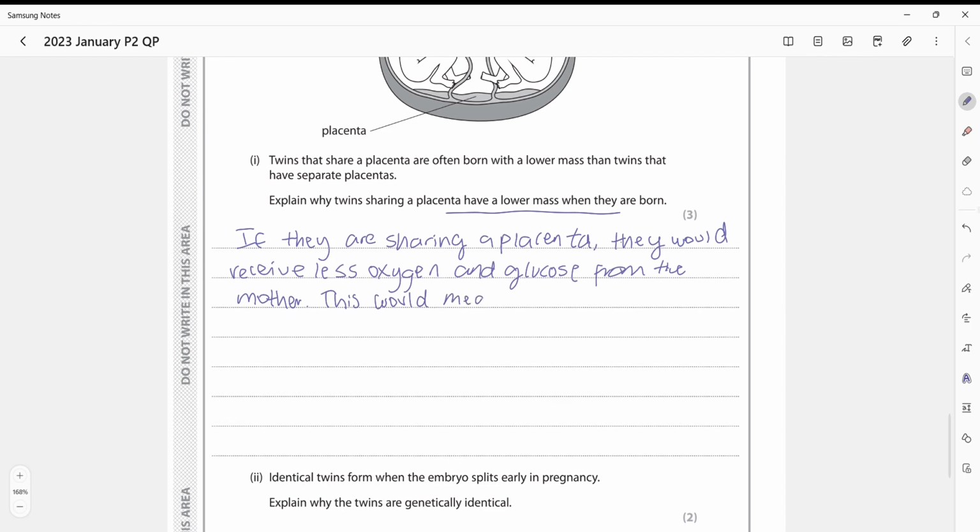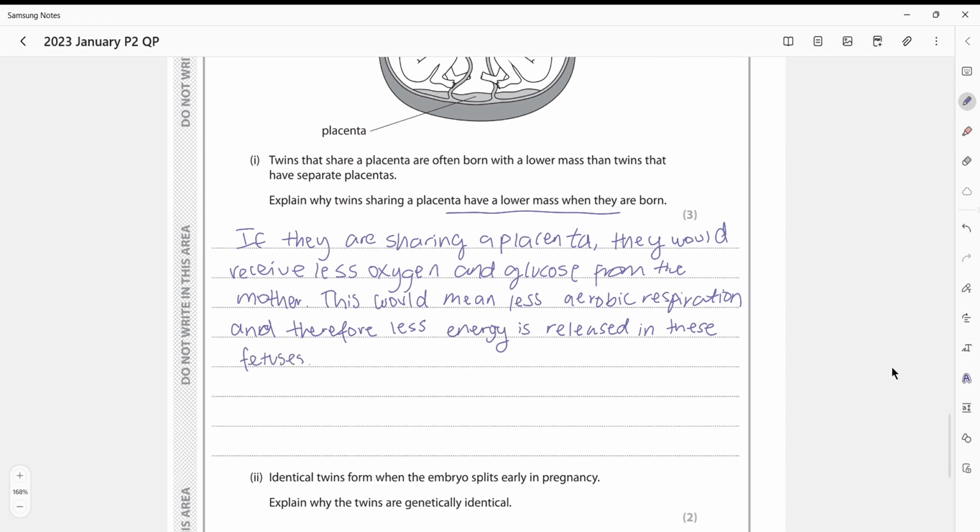This would mean less energy is released, which means less growth occurs.